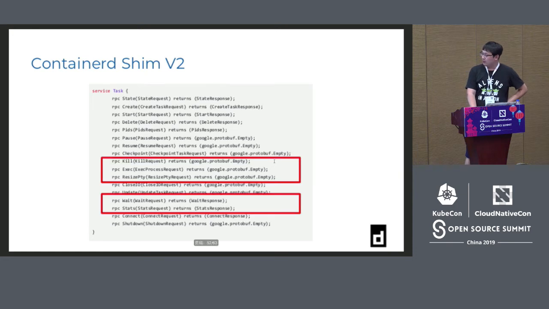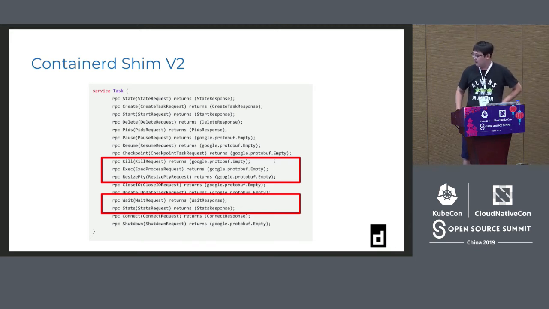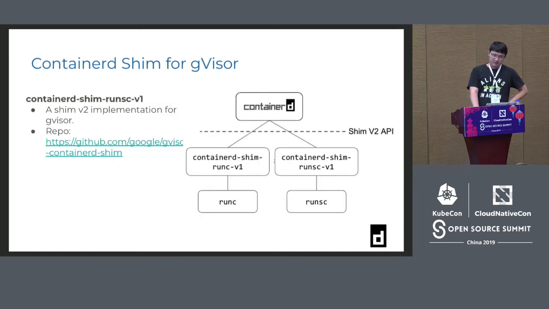So we have Shim V2 for gVisor, for sending signals, monitoring application exit, or taking monitoring stats. Previously, we could not do it. Now we can abstract it under Shim V2, and gVisor can use its own special implementation.